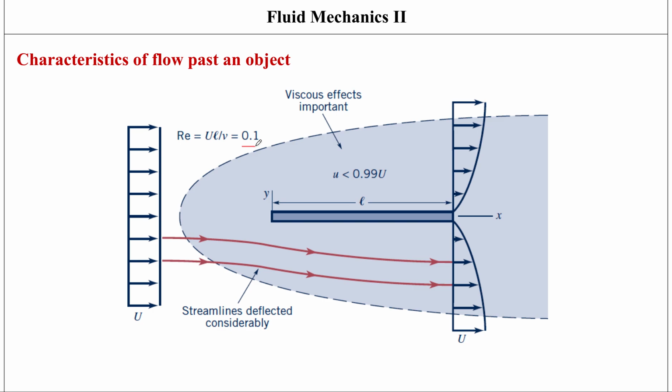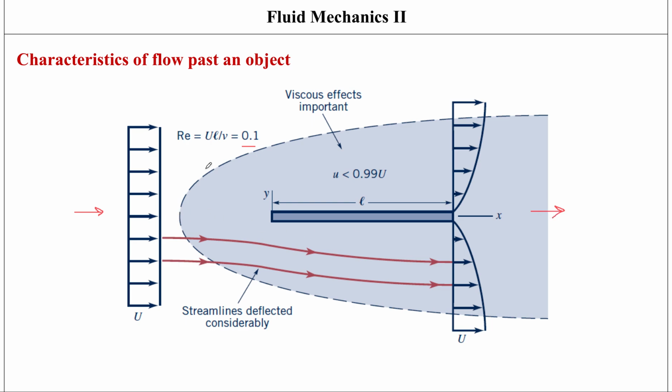What that means is that the viscous effects are going to be relatively strong. Two terminologies are important: the flow is coming from this side, so this is the upstream side, and this is the downstream side, right?